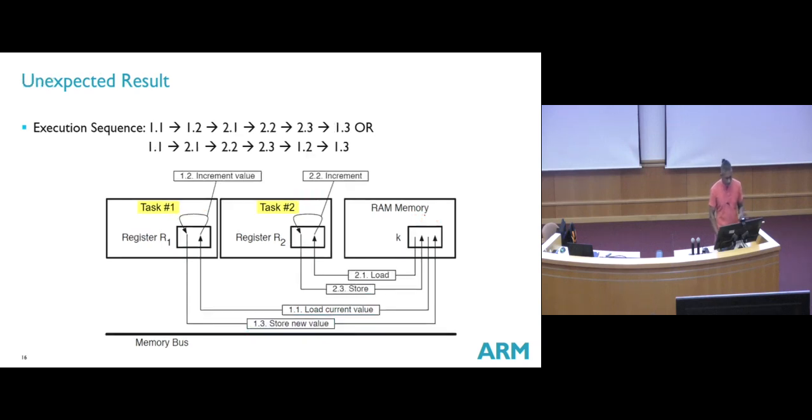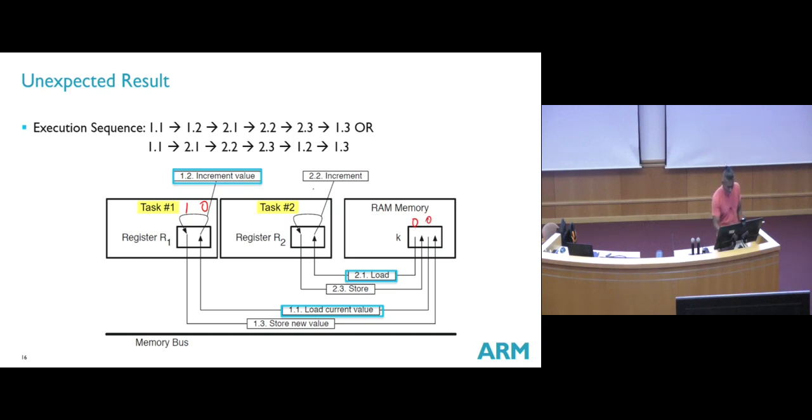But what if something else happens? I start with 0, I load my current value 0, and I increment, so it becomes 1. But before I write back, I have a context switch and I switch to task 2. What happened? When I load, I am still loading 0, because k is still 0.